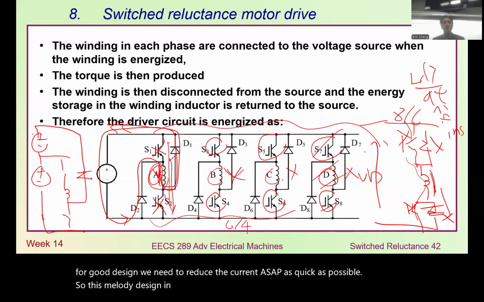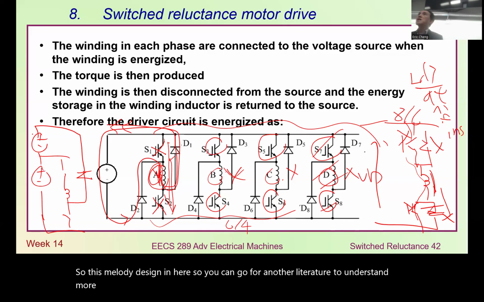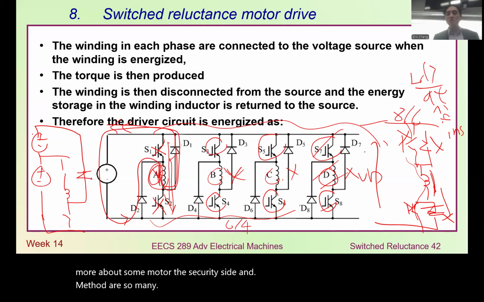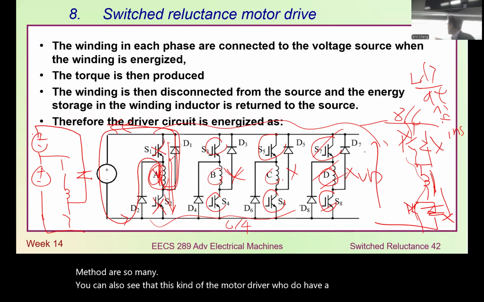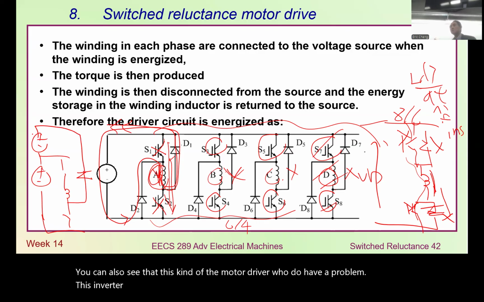You can go through a lot of the literature to understand more about the SR motor. The circuit designs and methods are so many. You can also see that this kind of motor driver has a problem. This inverter is really common and low cost, because the industrial motor has been in the market for more than 100 years.